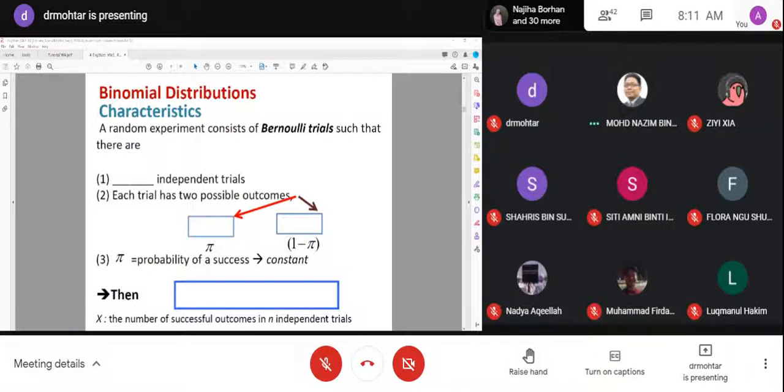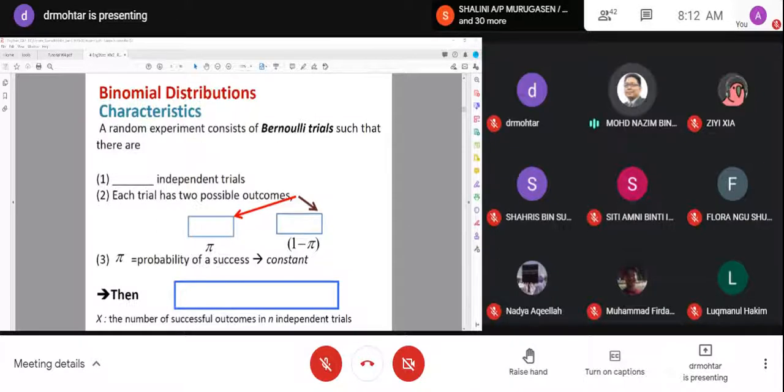Each independent trial can only have two possible outcomes. It can be success or it can be failure, and if you like, it can be either 1 or 0.